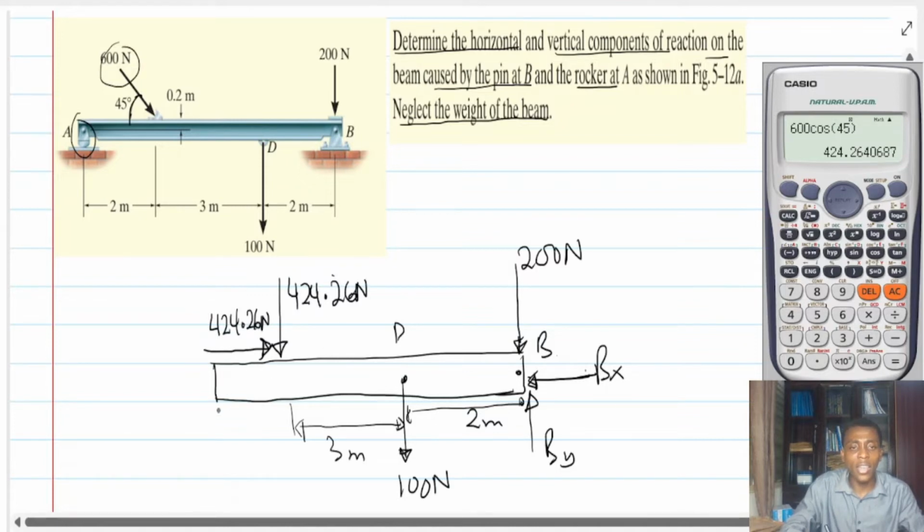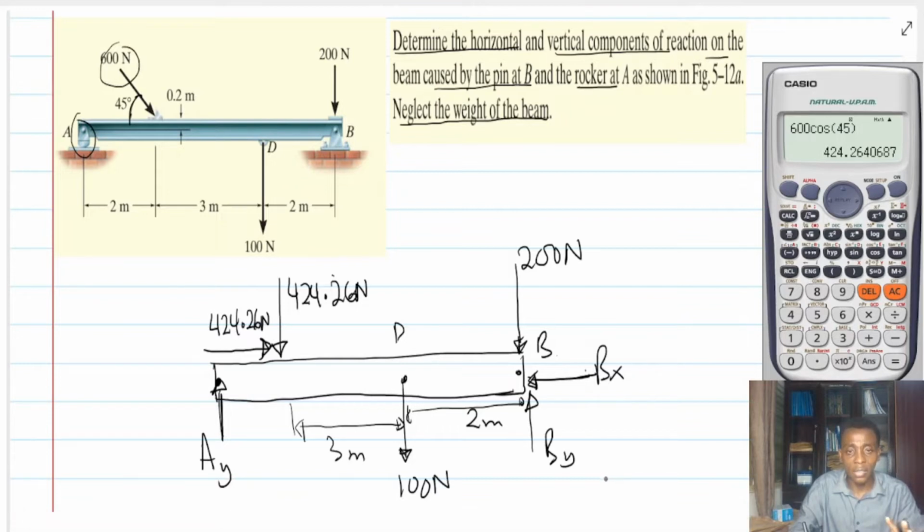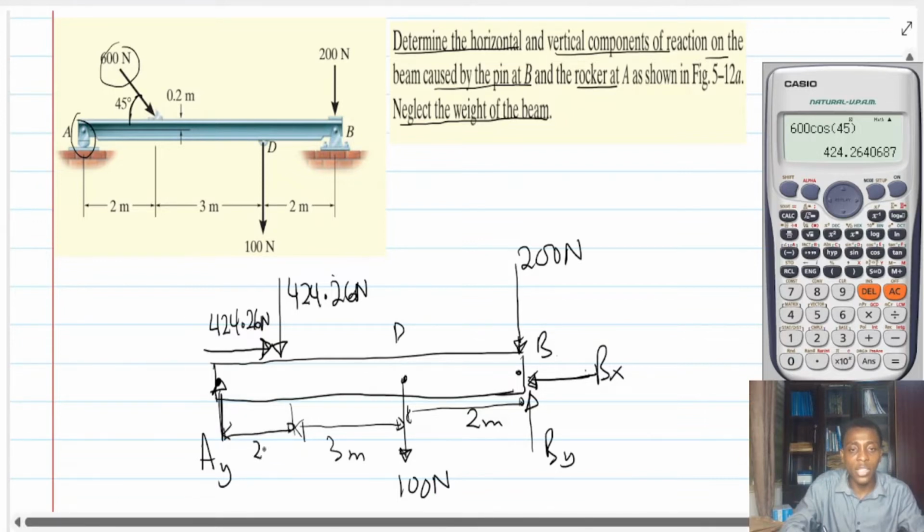Now over here, don't forget that there is a rocker at A. Since I have a rocker, it will give me only one reaction. Only one reaction. So let's call this Ay. That is a rocker for you. So over here, that is the free body diagram that we have. The distance here is 2 meters. And watch this. You can see a certain 0.2 right here. It's very critical to understand that.